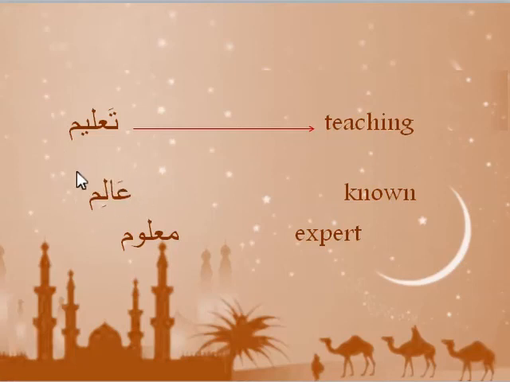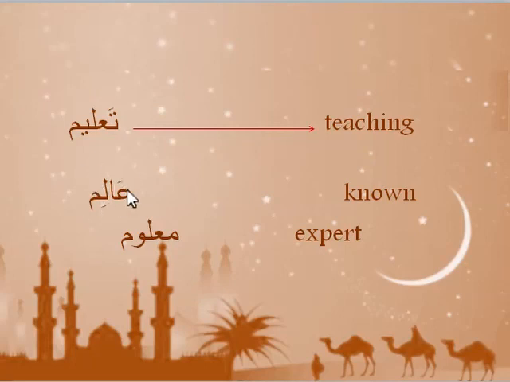Okay, let's go down to the next one. Alim. This is an earlier pattern. You know it's measure 1 because it's got nothing added to it. Alim. Remember alim 1? This is a what? Think of katib, talib, and so forth.